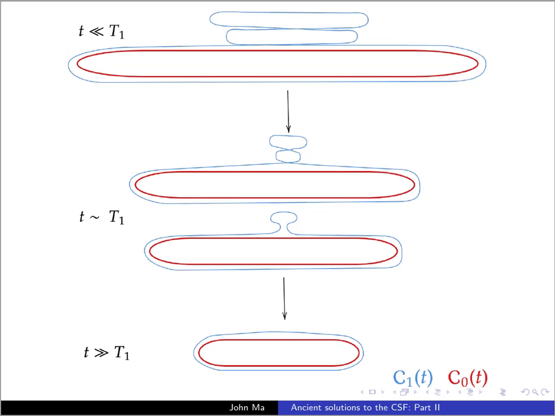And around the time capital T1, that figure 8 disappears, and then we let it flow for a very long time, so that when t is much larger than capital T1, those solutions are close to each other. So this is the first picture.